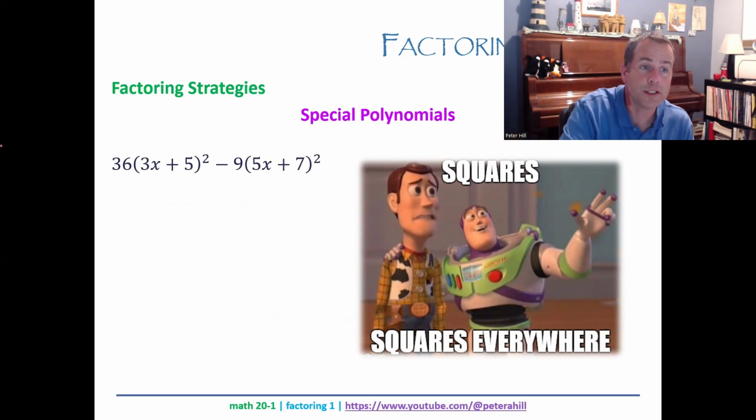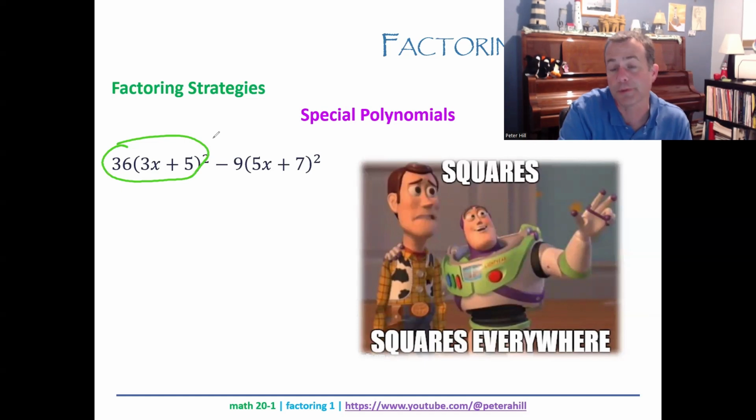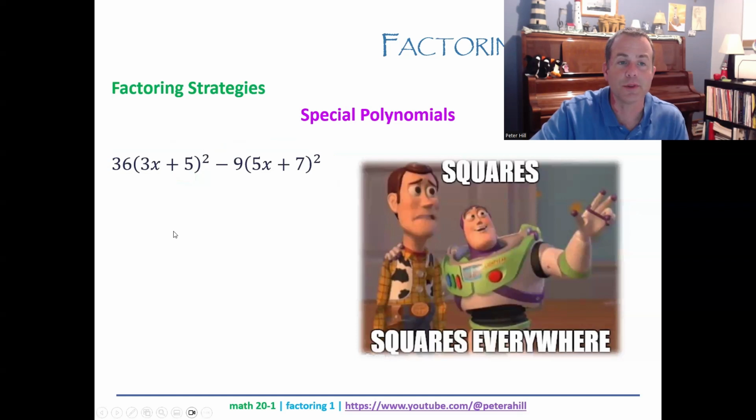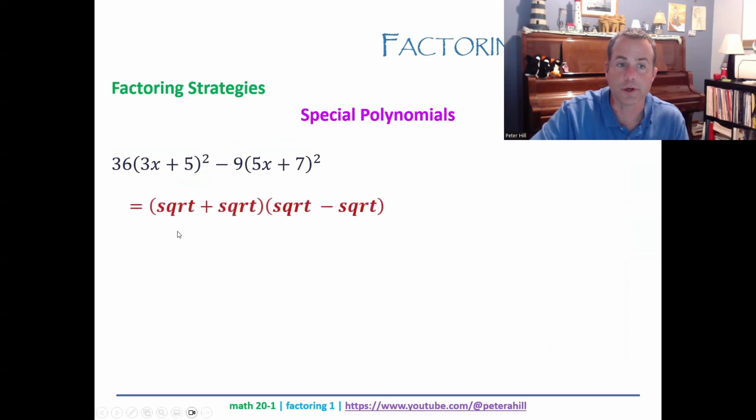So if those two things being multiplied together are both perfect squares, then this whole thing is a perfect square. And this whole thing is a perfect square. And I'm subtracting. So it's a difference of squares. And we know that when we do a difference of squares, it ends up being square root plus square root times square root minus square root.